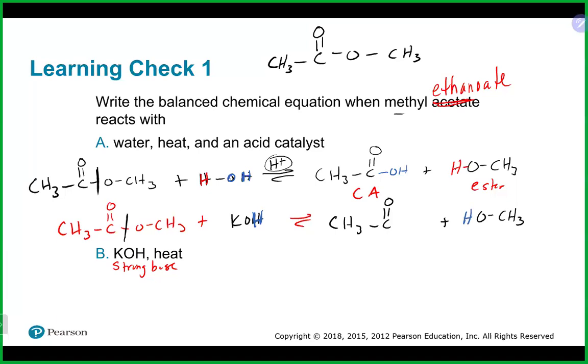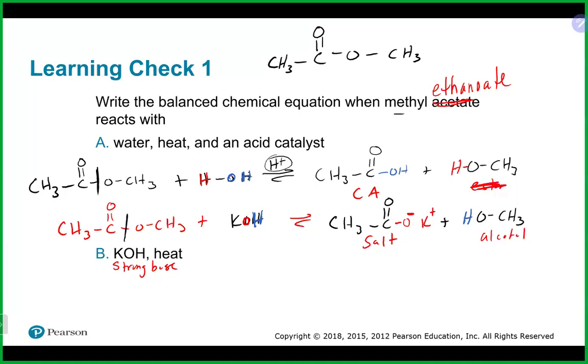That's going to leave you that oxygen that's left over, and that is what's going to attach over here to our carboxylic acid, but we don't have the H, so it is going to make this salt. And here we would have a potassium floating around to balance out the charge. We will get the salt of a carboxylic acid, and we will get our alcohol back here.